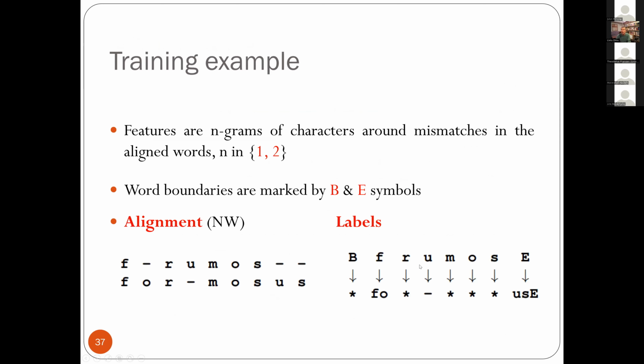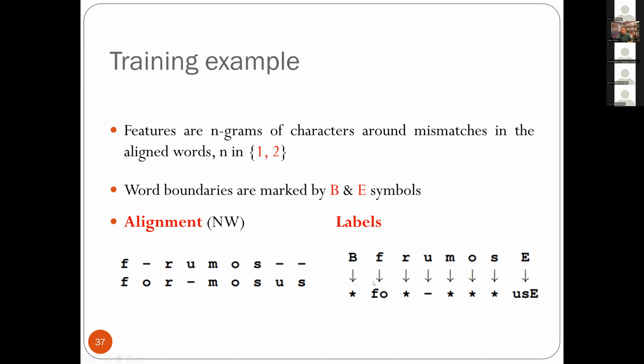Okay, the alignment is the same. In CRF, we need to have a label for each character from the first string, and when we have a deletion or an insertion, we make a label between the insertion and the previous characters. So this is the label which we have here for beautiful, Frumos in Romanian, Formosos in Spanish.